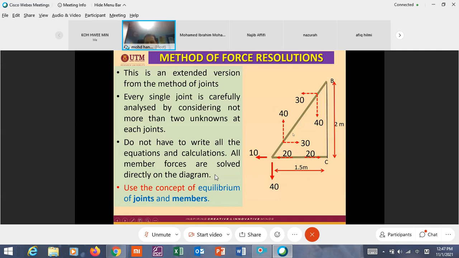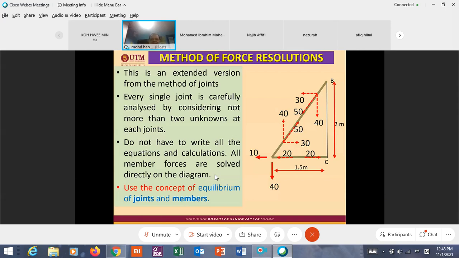What is the force in this member? If what is shown here is only the rectangular components, what is the force? The force is equal to 50. The square root of 30 squared plus 40 squared equals 50.